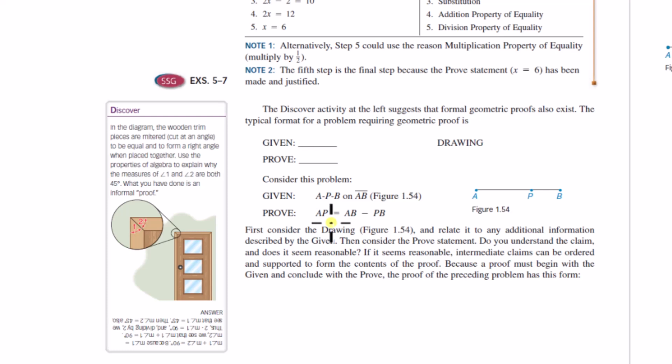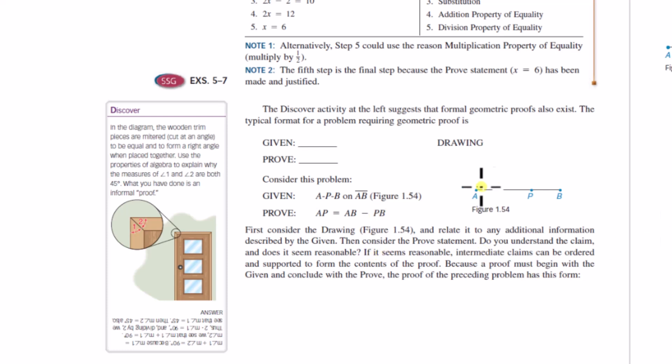There are different postulates before that state that if you have collinear points, then you can sum those segment lengths and get the total length of the entire segment. So to me, this is completely valid, and this can be proven, but let's see the mechanics of how they do it.